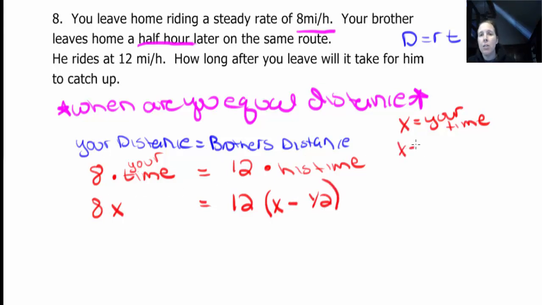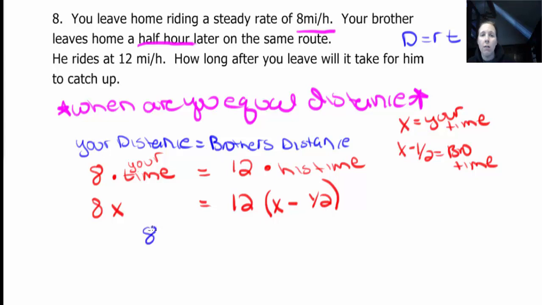His time is your time minus a half. This is the hardest part, but if you stick with this and do it like this on your assignment, you'll get it. Now it's an equation because they equal each other. So 8x equals 12 times x minus a half.